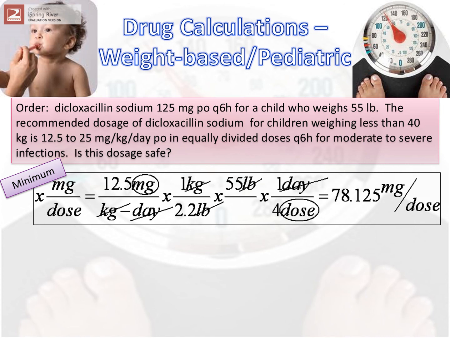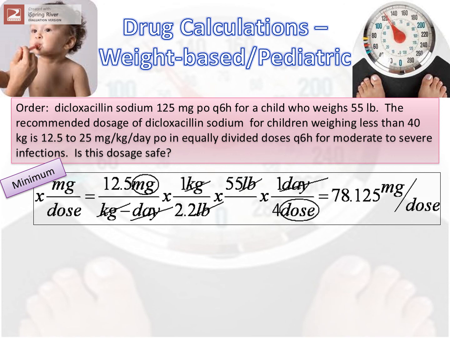And so then we have canceled out day, and we have dose on the bottom. We should be doing 78.125 milligrams per dose. So the minimum dose should be 78 milligrams per dose, and 125 is above that.